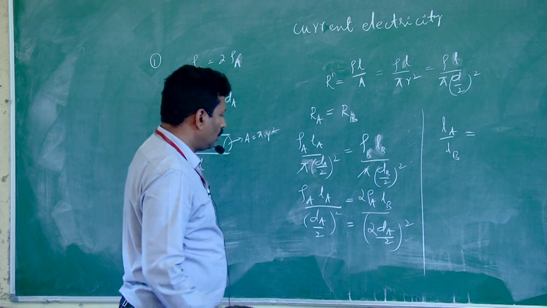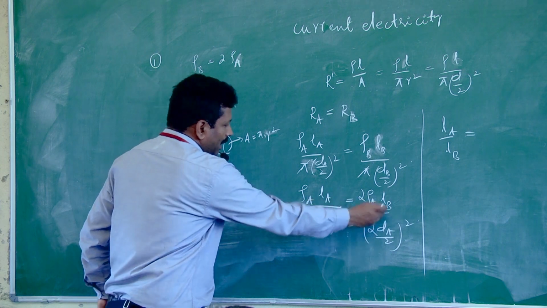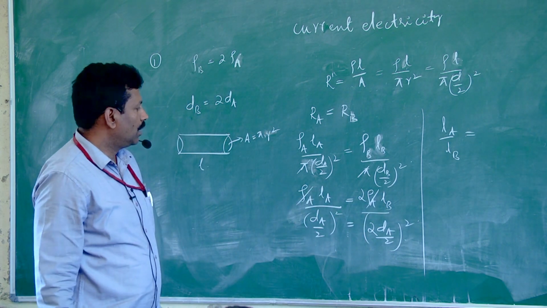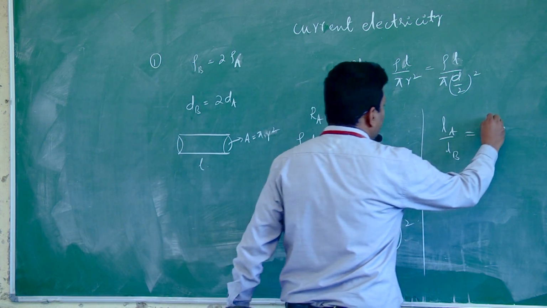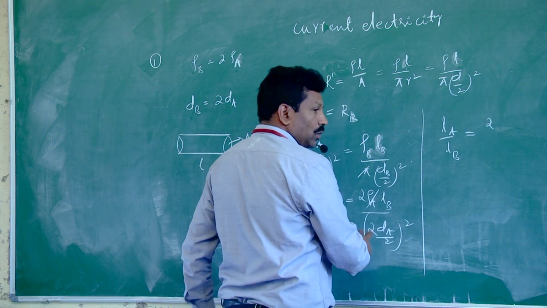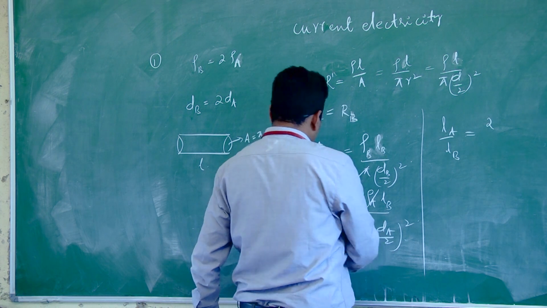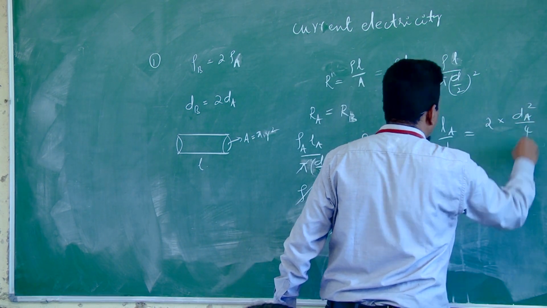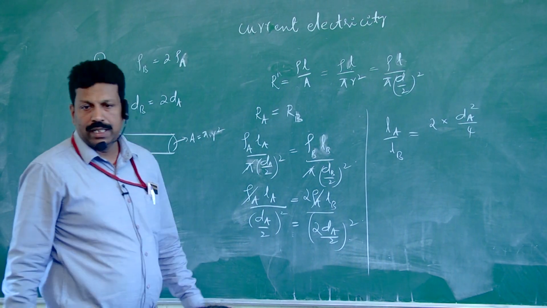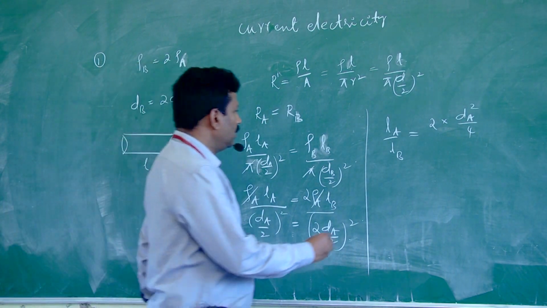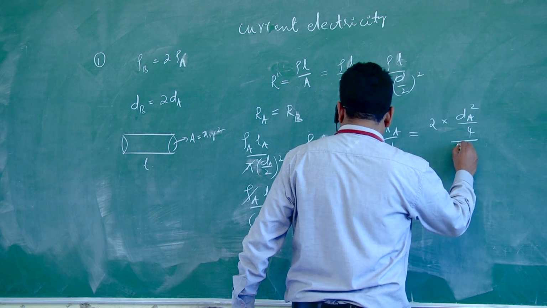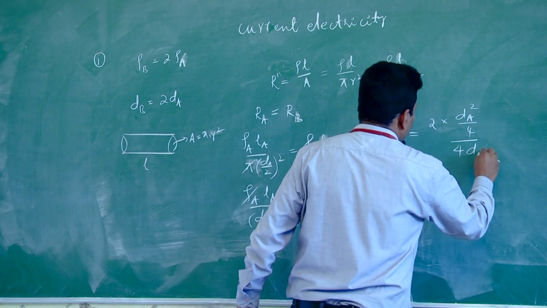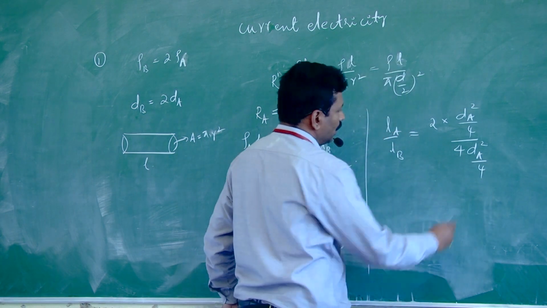Here rho A cancels, right? So LA by LB, I get 2 here. Taking this to the other side, this will be dA squared by 4, and here this will be 4 dA squared by 4. This 4 cancels.